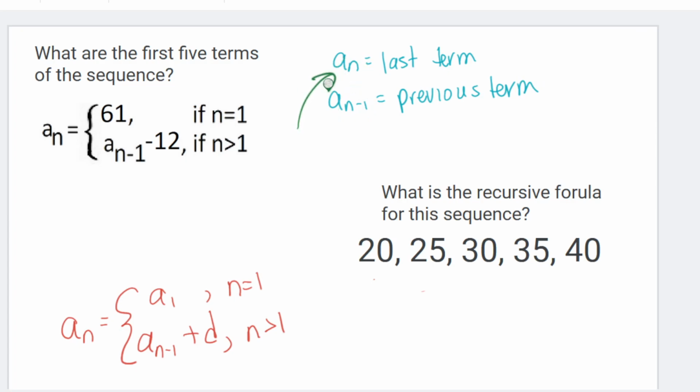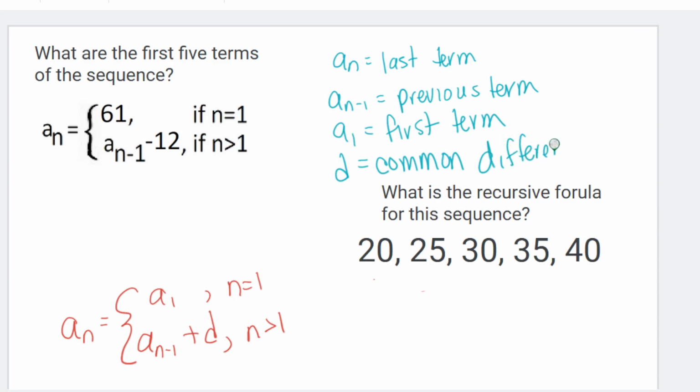So if a sub n is term 3, a sub n minus 1 would be term 2. a1 stands for the first term. So who's standing first in line? And d, like I said, is the common difference.